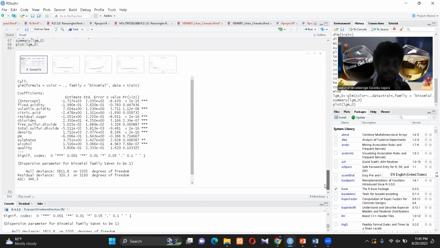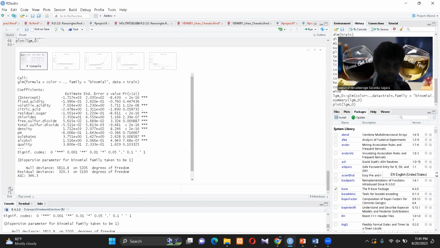1080, right? That was the data set I used. Wine, wine, square bracket, 1080.